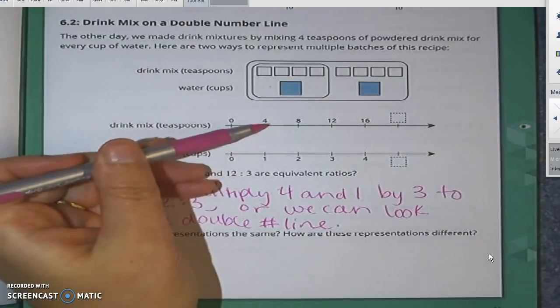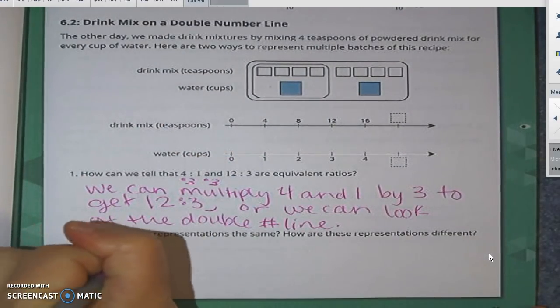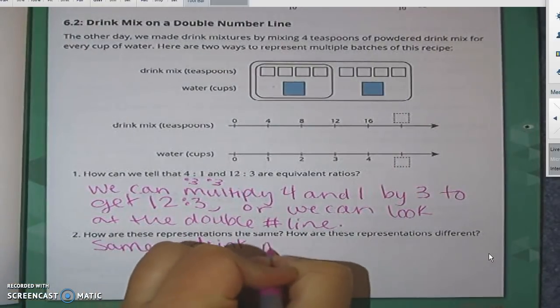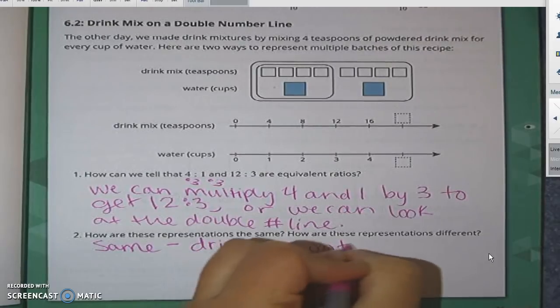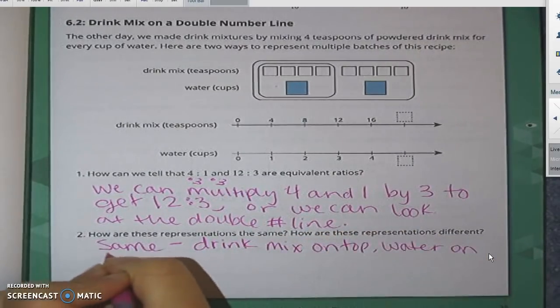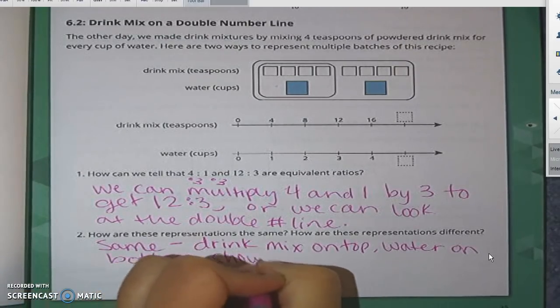And down here, 1 cup of water, 4 teaspoons of drink mix. So same: drink mix on top, water on bottom. And they're showing the same relationship.